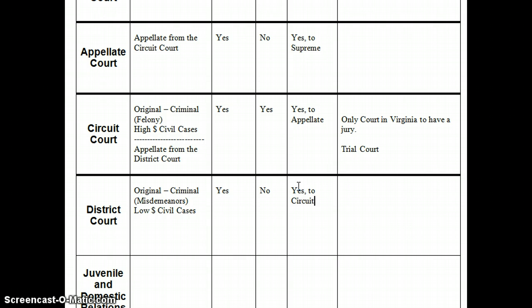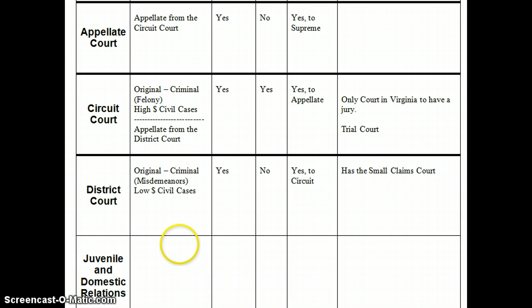Anything additional to add on that with the district court? I would add that this has the small claims court, which is when one person is suing someone else for small claims. This is when a judge is deciding that. We'll talk about this in more detail when you're learning about civil cases.